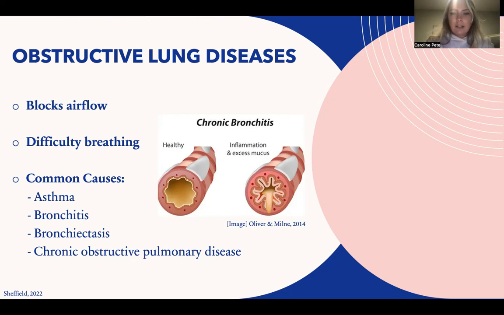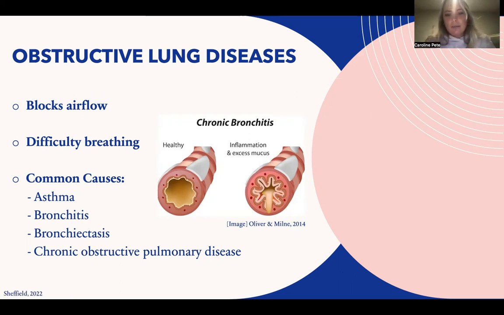Bronchitis causes the respiratory tubes to become inflamed due to infections or airborne irritants like cigarette smoke. You can see in this image right here what chronic bronchitis looks like. You'll have a healthy respiratory tube, and then a respiratory tube with chronic bronchitis.